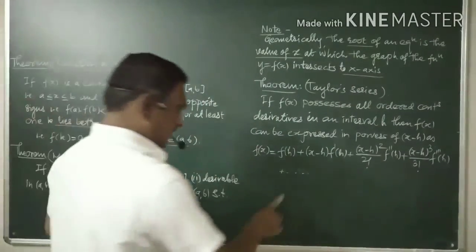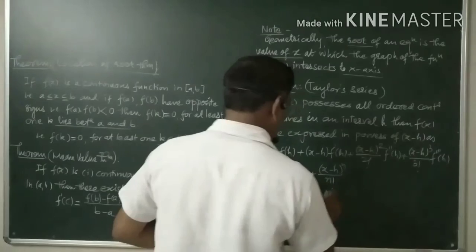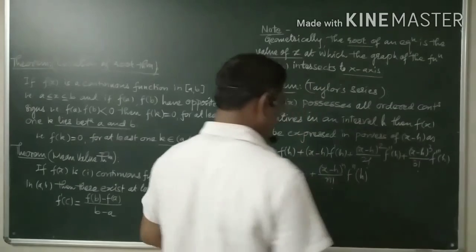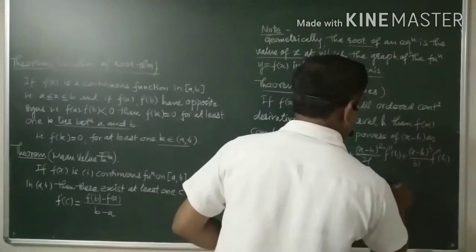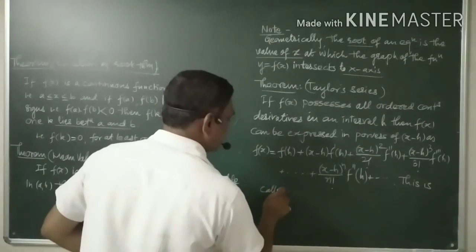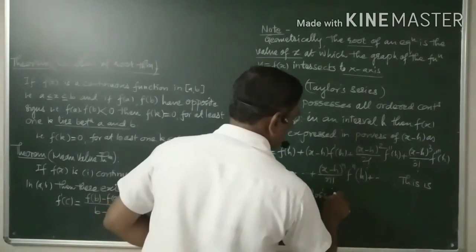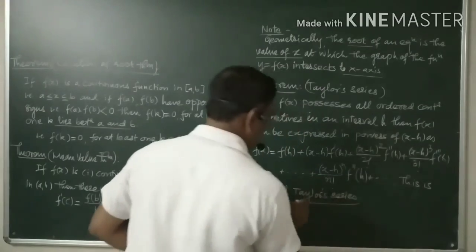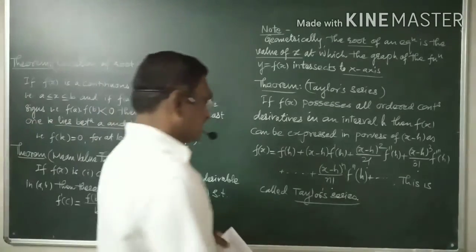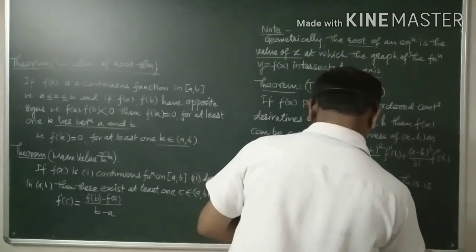Last but one term: (x minus h) to the power n upon n factorial, the nth derivative of f at h, and plus so on. This series is called the Taylor series.